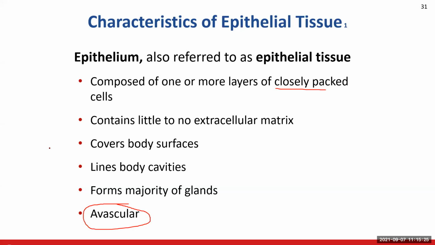We talked a little bit about it, and hopefully you did get a chance to watch some of my other videos on chapter 4. But diffusion plays a huge role in how this type of tissue is going to get its nutrients and manage to get rid of its wastes because of its avascular nature.